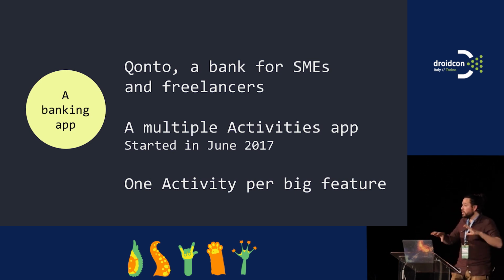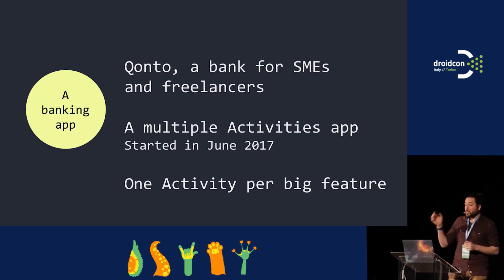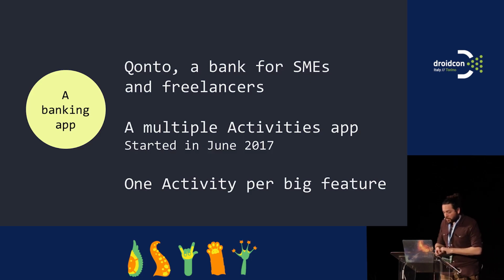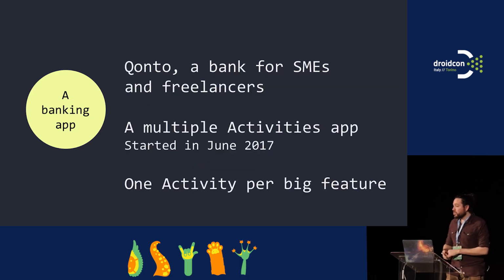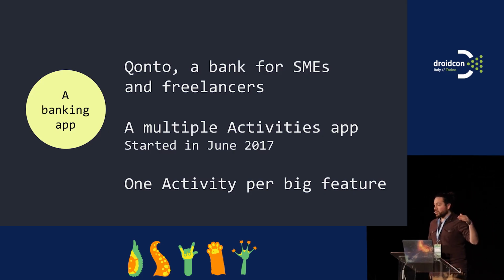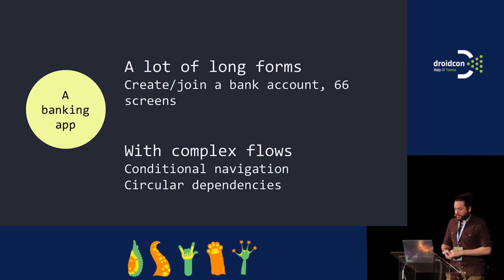So there were many activities, but not one activity per screen. It was more one activity per feature. And it started in June. It started 1 year before we used nav component. We started using nav component in the project.